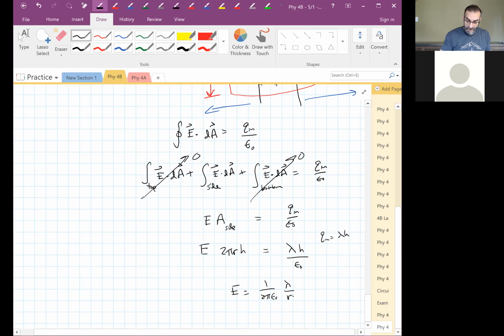And in this case, it points outward, right? In the r hat direction, because we're talking radial symmetry here. We're using cylindrical coordinates. So make sure your direction makes sense.